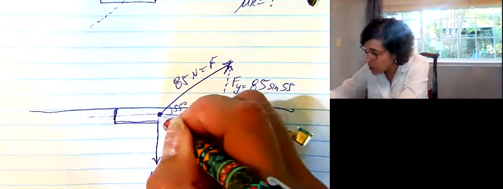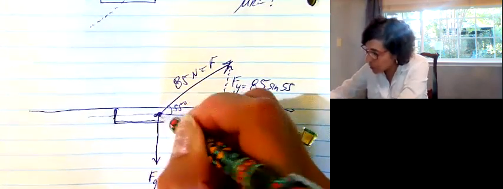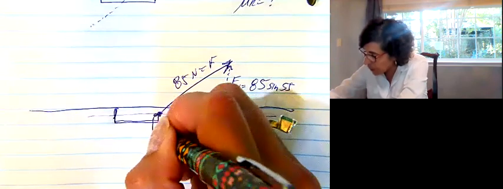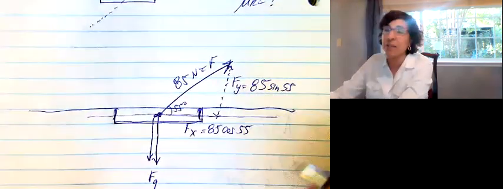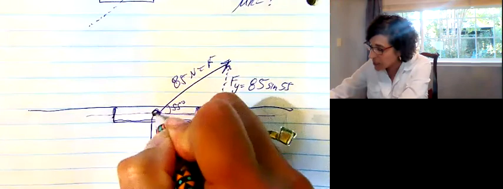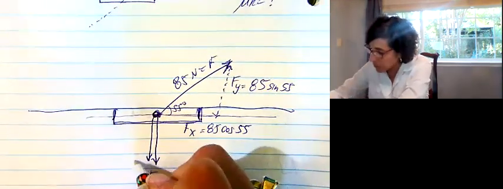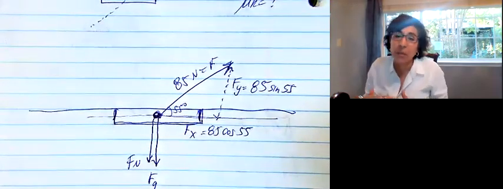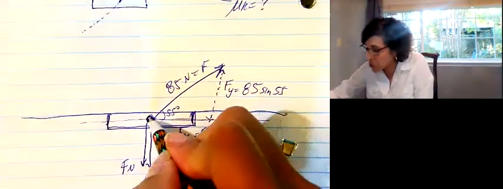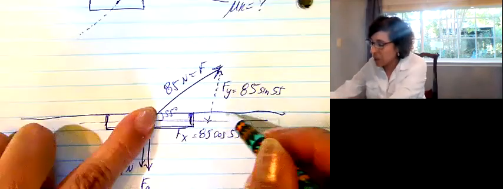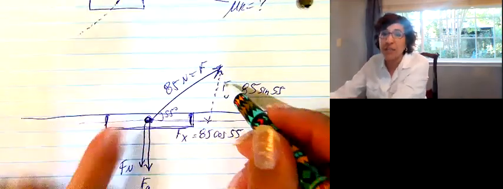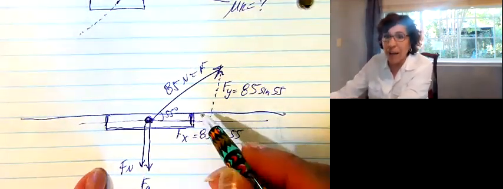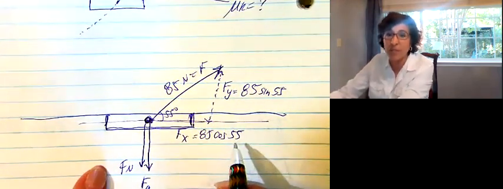So how do I show another force? I guess I can show it next to it. They're really supposed to come from the same dot, but I just want you to be able to see what we've got here. So I've got a normal force. The normal force is always going to be against the surface you're pushing, because you're pushing up by this much, and you're also pushing to the side by this much force in newtons.